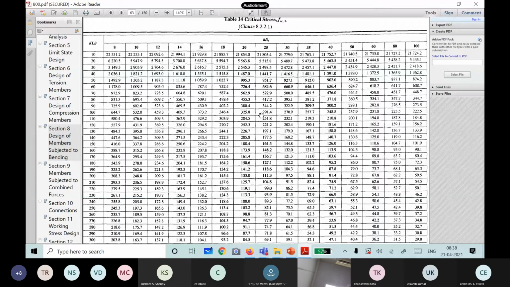You have 25, it is 344.42 for 90. Then for 130 combination is 270.9. So our values lie between these four, you followed, right, the numbers, so that you can easily interpolate yourself. So from that you can easily find out this FCRB.